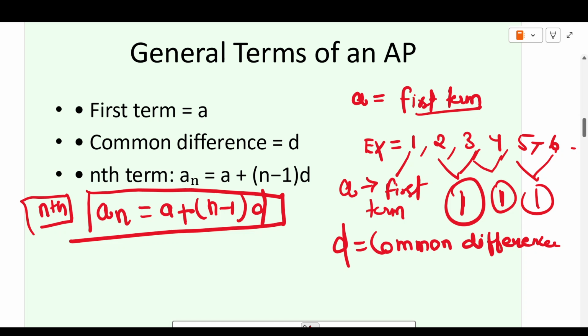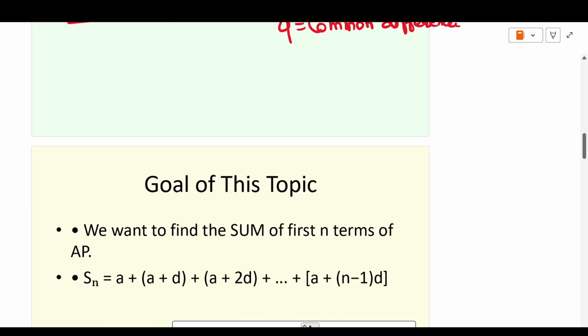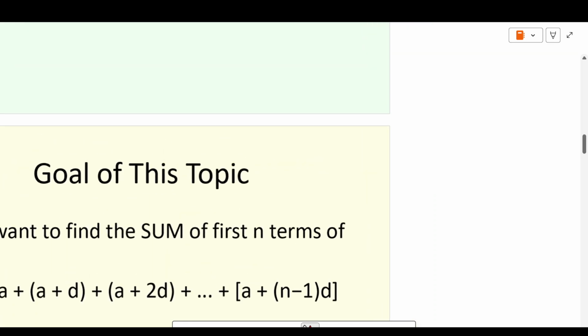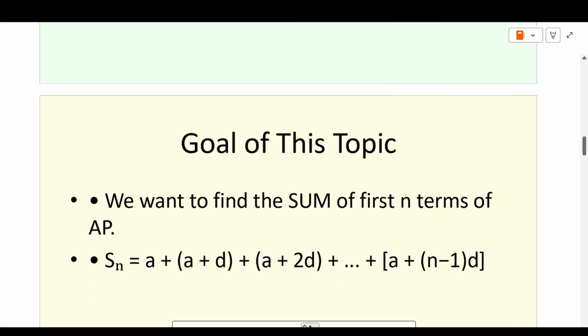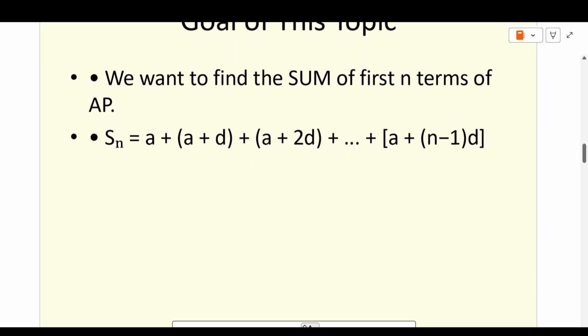You already learned all these things. Now the main topic we are going to learn is how to find the sum of the first n terms of an AP, right? Do you understand? We have to just add all the terms.